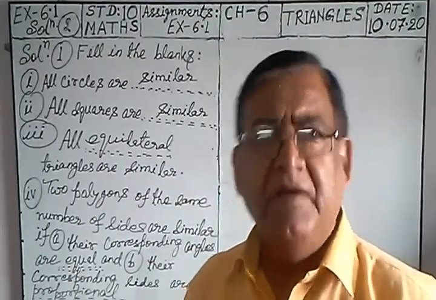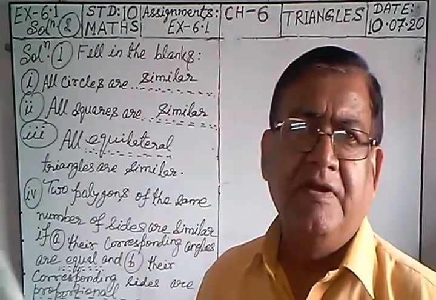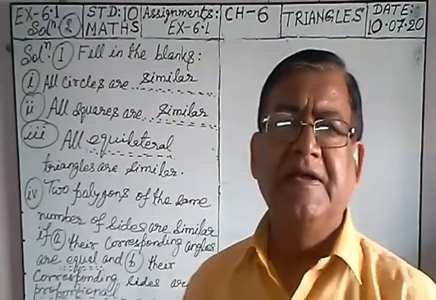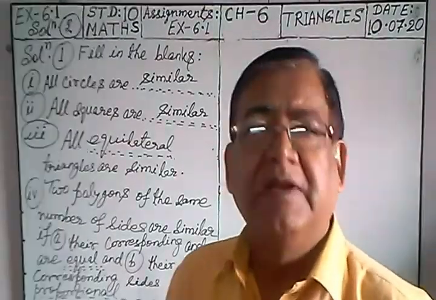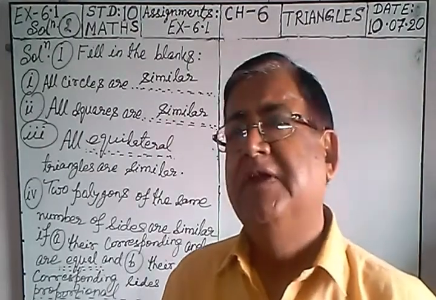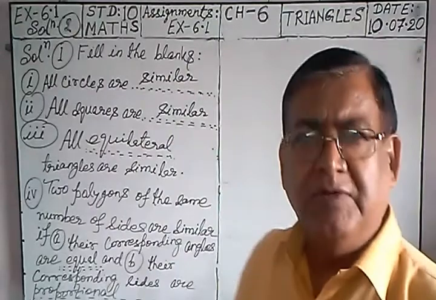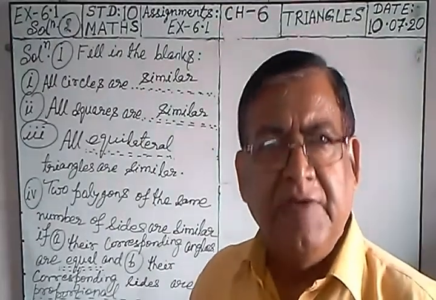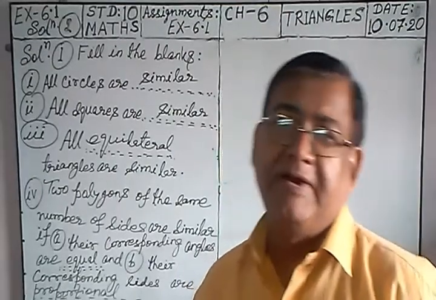Today I have completed all the sums 1, 2, 3 of this exercise, not leaving even a single sum for you. So now your work is very easy because this exercise is closed. Next day we will start exercise 6.2. Do the revision of these things, the Thales theorem and also the converse of the Thales theorem, very important.